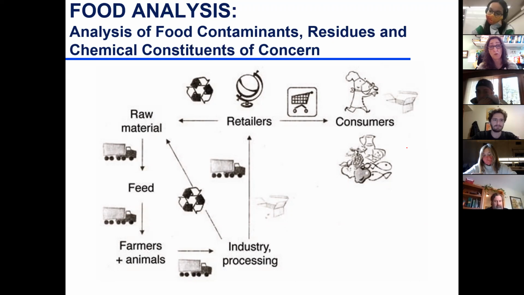Sometimes it's added as a preservative, like an antimicrobial agent. Sometimes it's present naturally, like in wine, for example. So sulfites are a big thing as well. The list goes on and on and on, but we will try to summarize some of those and give examples of detection and analysis.